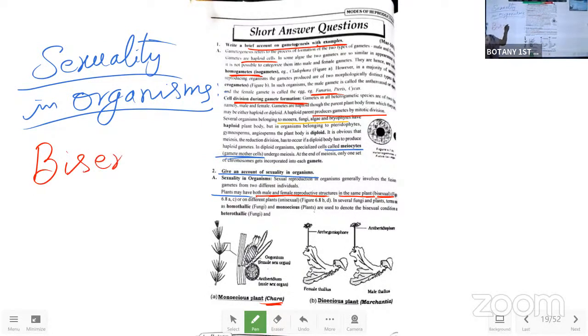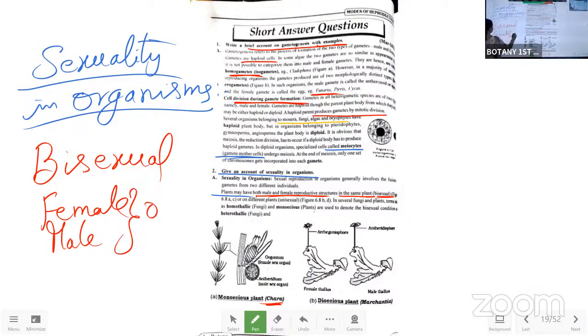Bisexual means when the male and the female sex organs are present on the same plant. That is called the bisexual plant. And if they are present on two different plants, that is the unisexual plants.